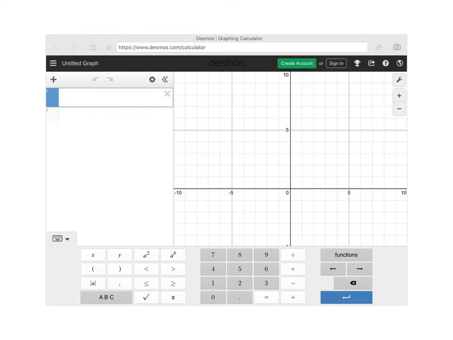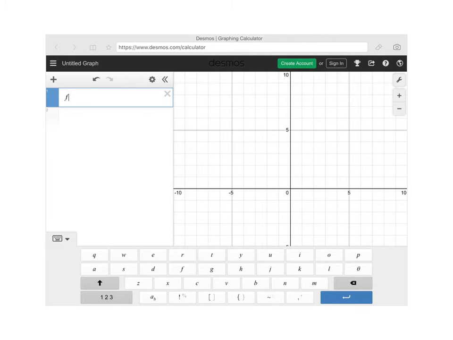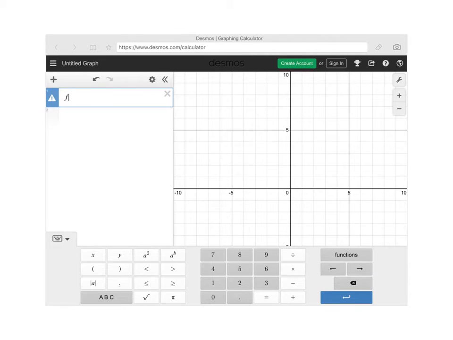But you can just delete what you need to. And now, of course, this is not working. There we go. Oh, there's a little picture. That's interesting. Okay, so sorry. Let's go f of x equals x squared, because the first thing we need to get in here is our parent function.